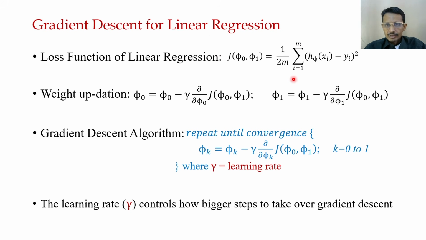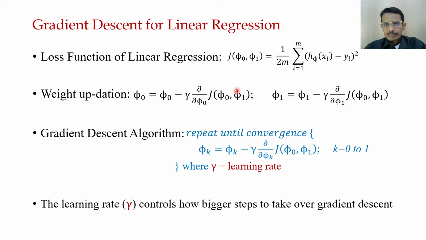This is our cost function, as we have mentioned. And then for the weight updation, there are two parameters now, the two weights, phi 0 and phi 1. Phi 0 is updated as phi 0 minus gamma, this learning rate, times del of del phi 0 of J of phi 0, phi 1.